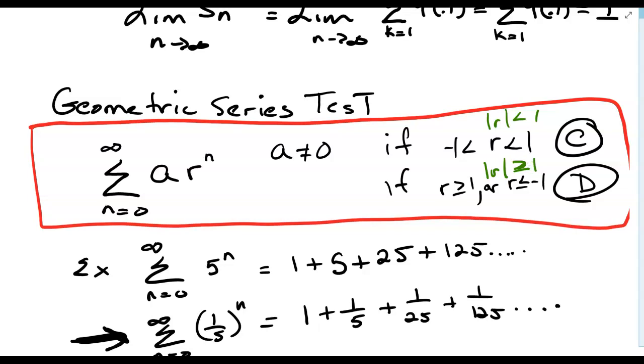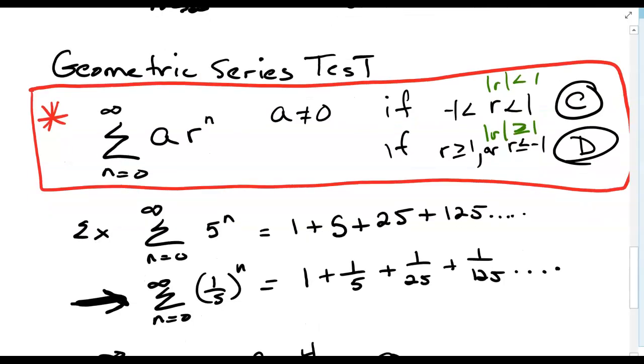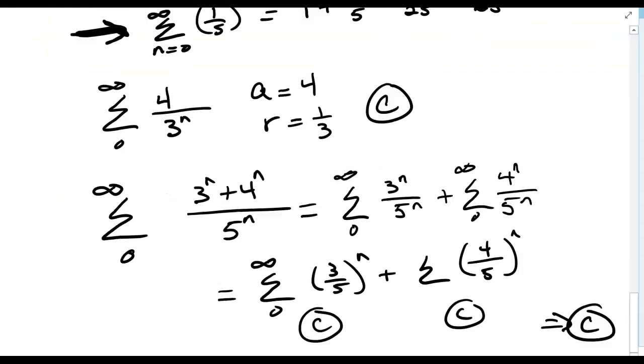I'll put a set of the tests in the modules so that you can take a look at them and have them all together when you're studying. You cannot use them on the test. You have to know them for the test. So the first one, the geometric series test: if the absolute value of the ratio is less than 1, it converges; greater than or equal to 1, it diverges. Get that one memorized and you'll be partway there.